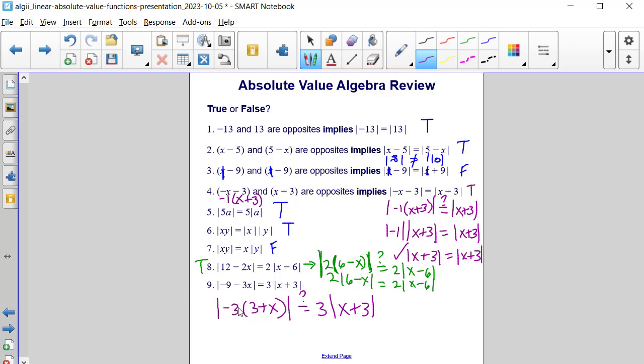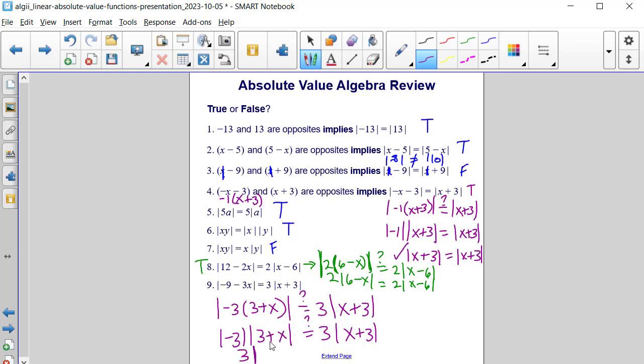Well, we can take the absolute value of -3 and then have 3 plus x inside of the absolute value. Is that equal to 3 times the absolute value of the quantity x plus 3? Well, the absolute value of -3 is +3.